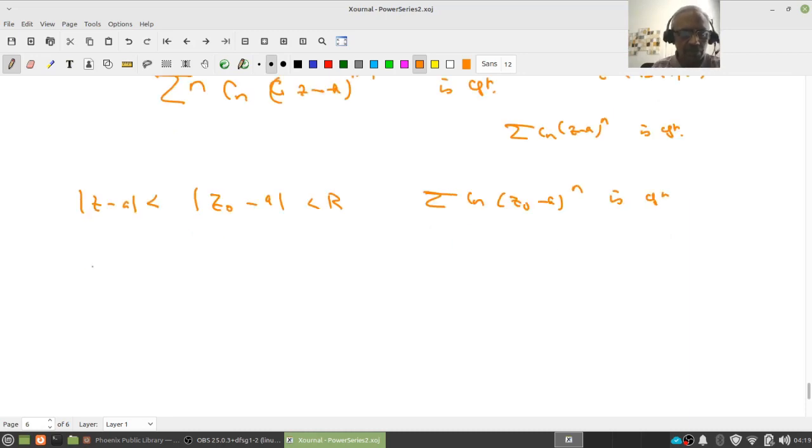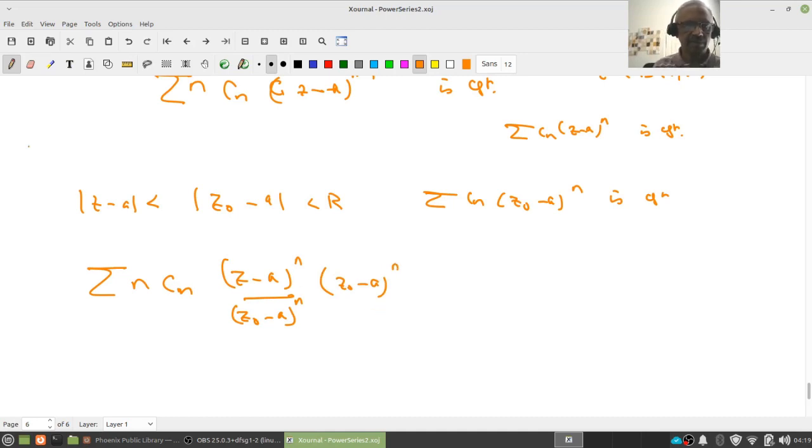So I want to do exactly the similar trick we did. So n times Cn (z minus a) to the power n. Let us look at Cn (z naught minus a) to the power n into ((z minus a) by (z naught minus a)) to the power n.